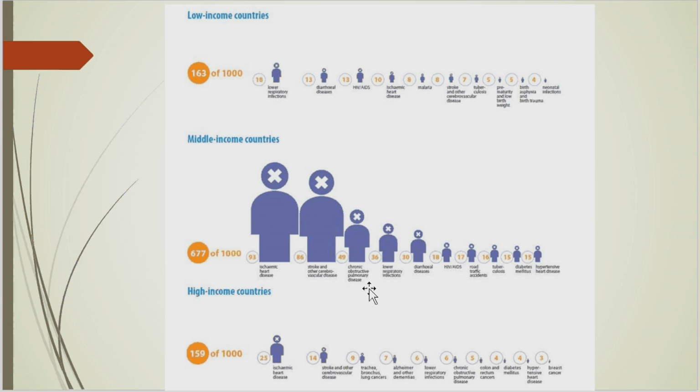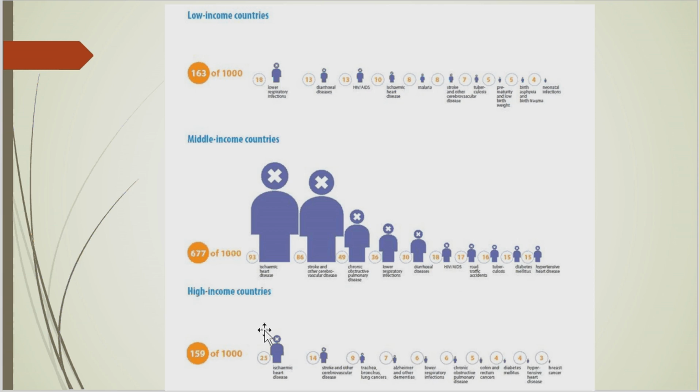And also pulmonary, that would be the veins and so on. And then finally, lower respiratory infections. You see that was the highest cause of death in low-income countries, but it's down at number 4 in middle-income countries. Diarrheal diseases, HIV/AIDS.